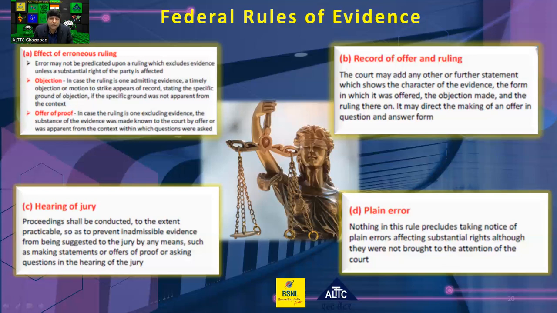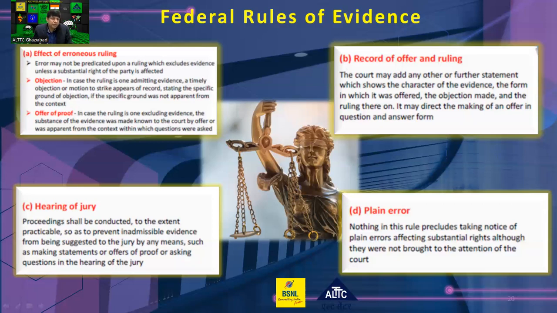Second is the record of offer and ruling. The court may add any other or further statement which shows the character of the evidence, the form in which it was offered, the objection made, and the ruling thereon. It may direct the making of an offer in question and answer form.